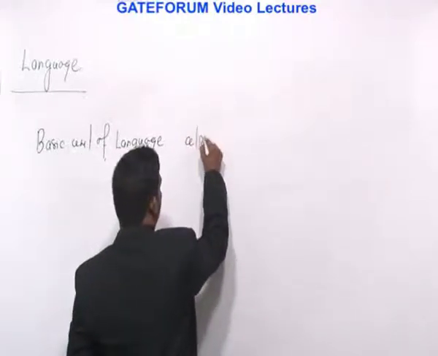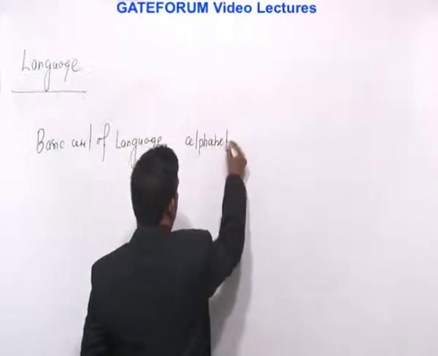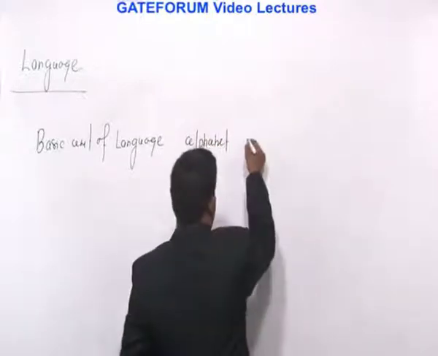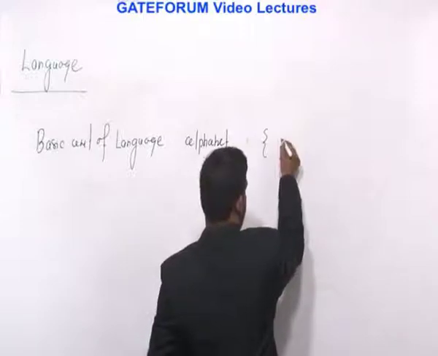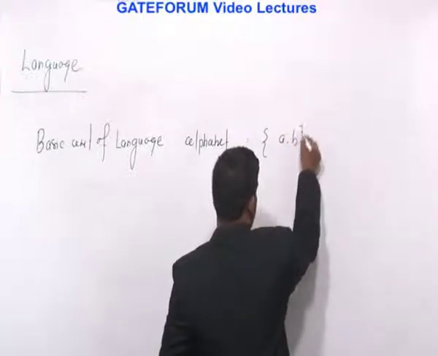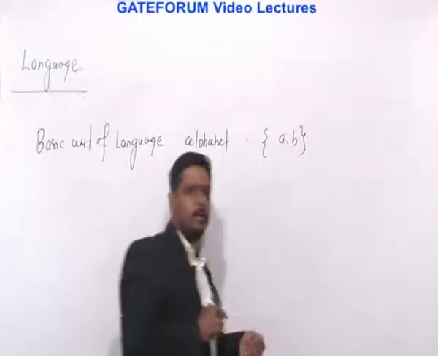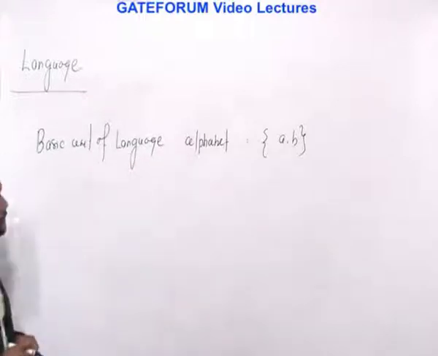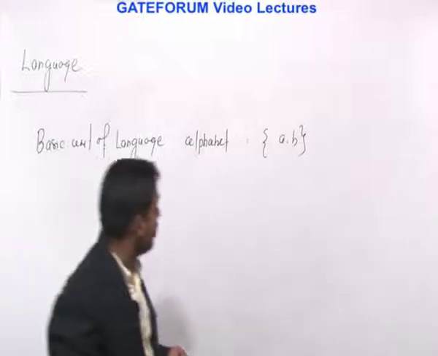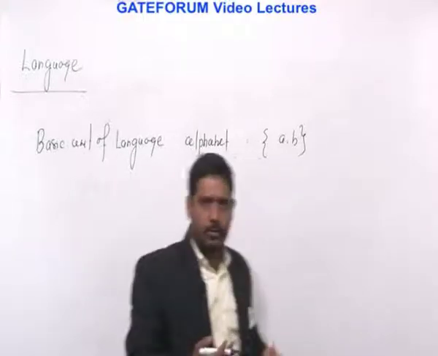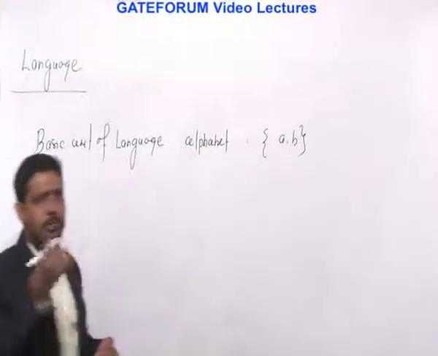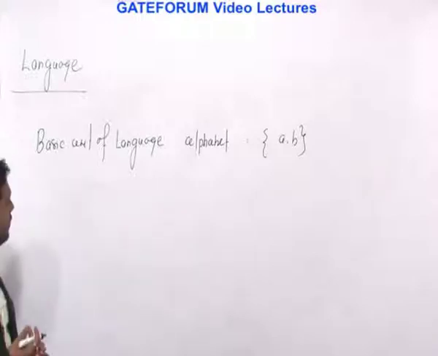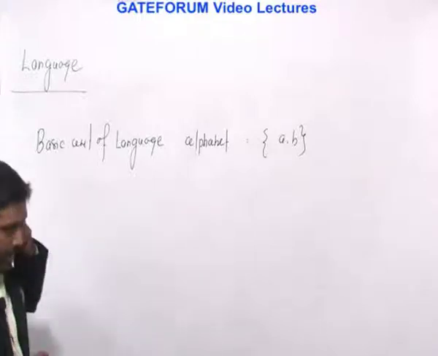You need an alphabet for it. There can be the English alphabet, Hindi alphabet, Bengali alphabet, Telugu alphabet. So there are alphabets, basic symbols. The basic unit of the language is your alphabet.